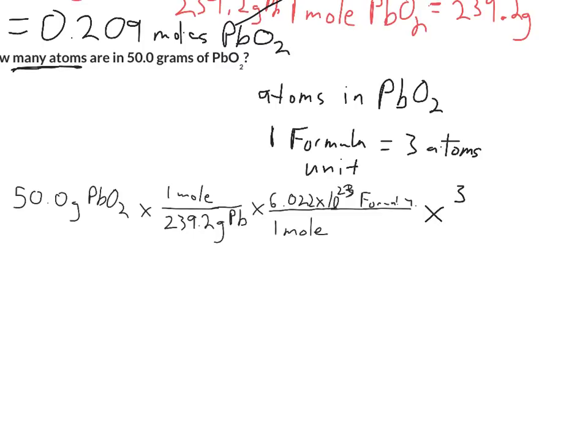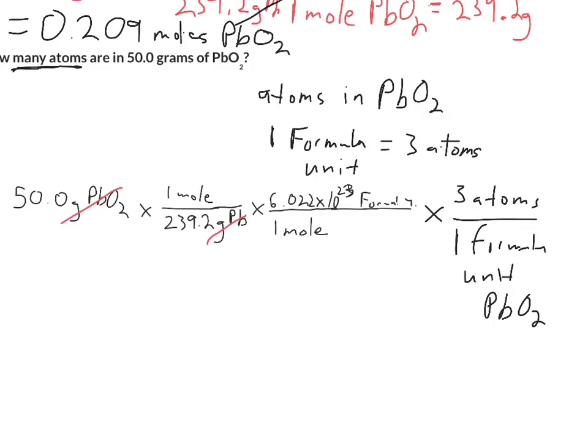There are 3 atoms in 1, or ions to be precise, in 1 formula unit of lead-4 oxide. Units cancel.